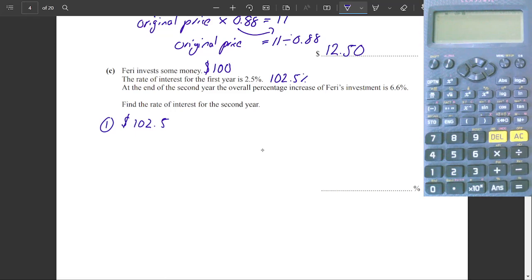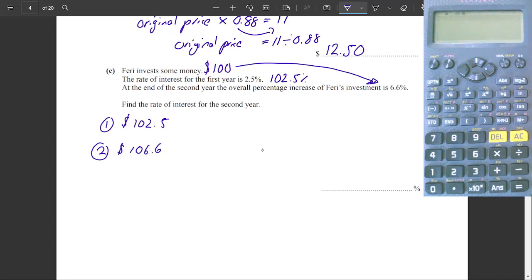At the end of the second year, the overall percentage increase of Ferry's investment is 6.6%. So the overall, from that 100 to there, is 6.6%, which means Ferry's got $106.6.